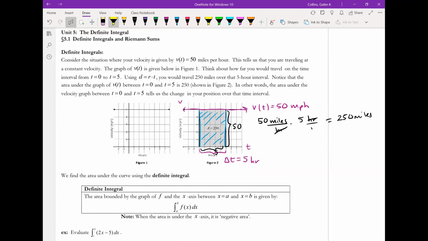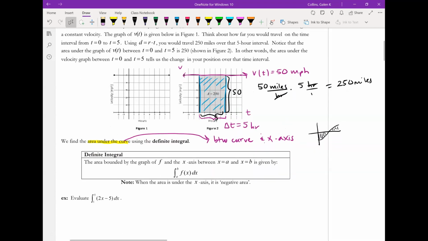And when I say area under the curve, because I know I'm going to say that a lot, to be very clear, what I mean is the area between the curve, or in this example it was a line, but it's usually a curve, and the x-axis. Because if our curve is beneath the x-axis, the area isn't really under the curve, it would be above the curve.